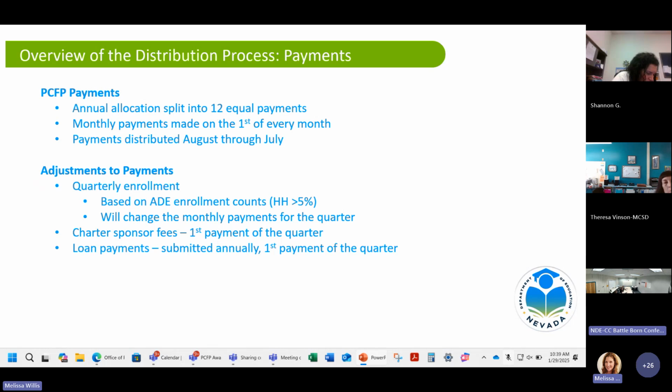In the actual payments, there's a few things happening for your PCFP payments. There's an annual allocation split into 12 equal payments, as the video said. The monthly payments are made on the 1st of every month, and payments are distributed August through July.